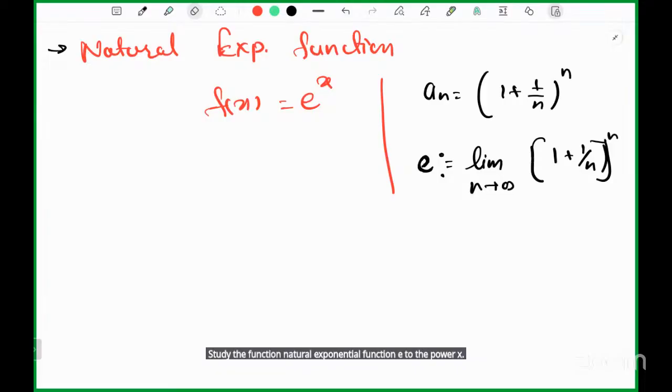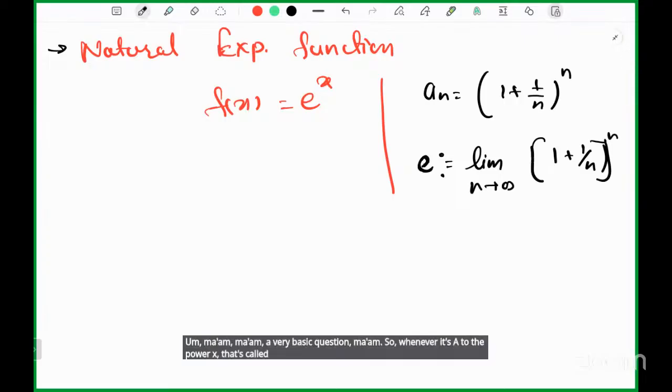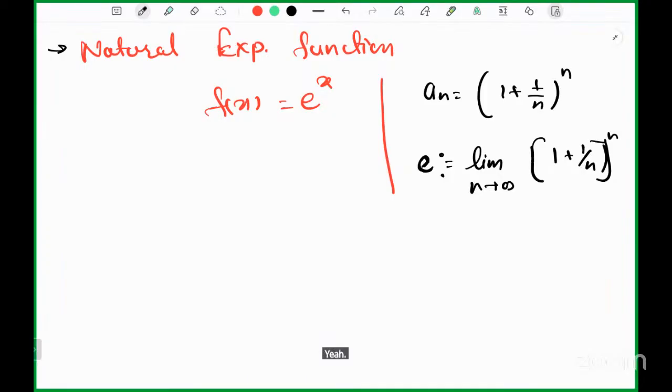Ma'am, a very basic question: whenever it's a to the power x, that's called an exponential function, and e to the power x is the natural exponential function. Yes, natural exponential function, but some people also call it the exponential function only, because we talk about e to the power x very frequently.